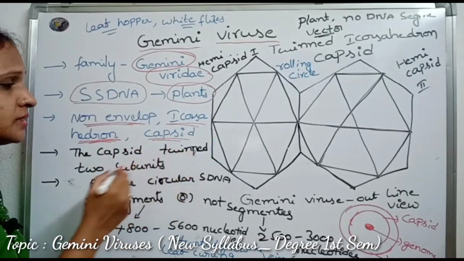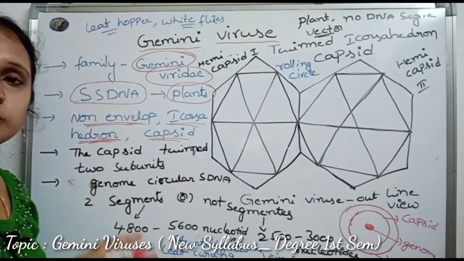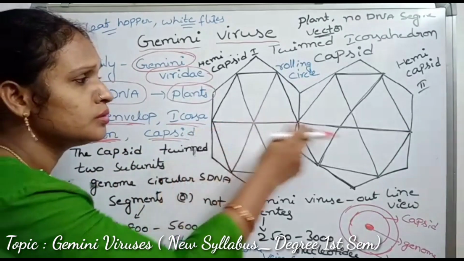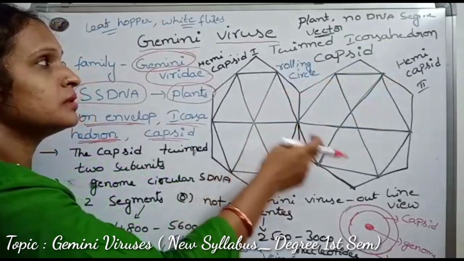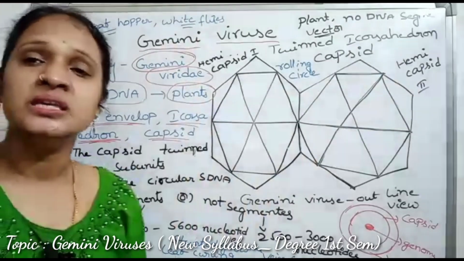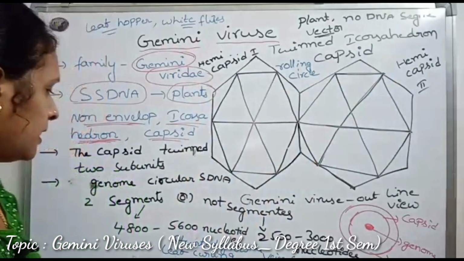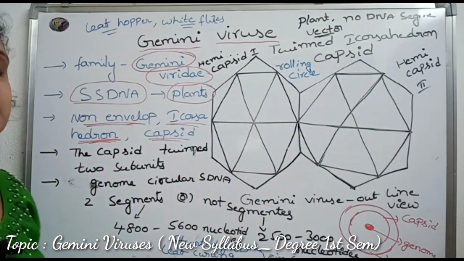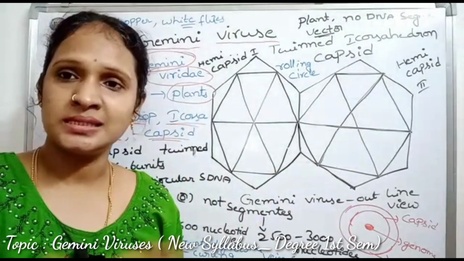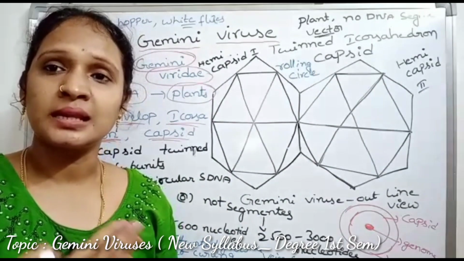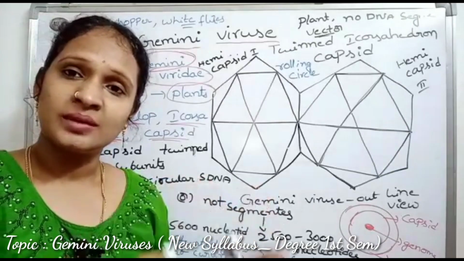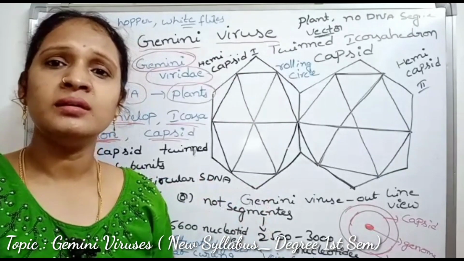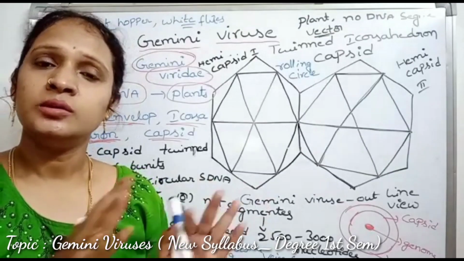The capsid is twinned. It means it consists of two subunits, capsid 1 and capsid 2. That's why it has the name Gemini viruses. And next, their genome is a circular small single-stranded DNA. The genome may be segmented or non-segmented.